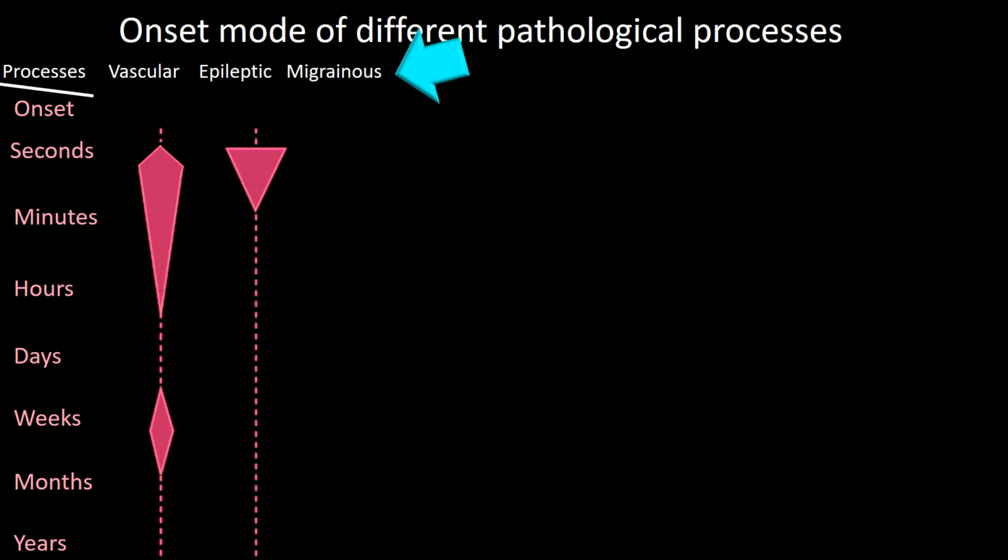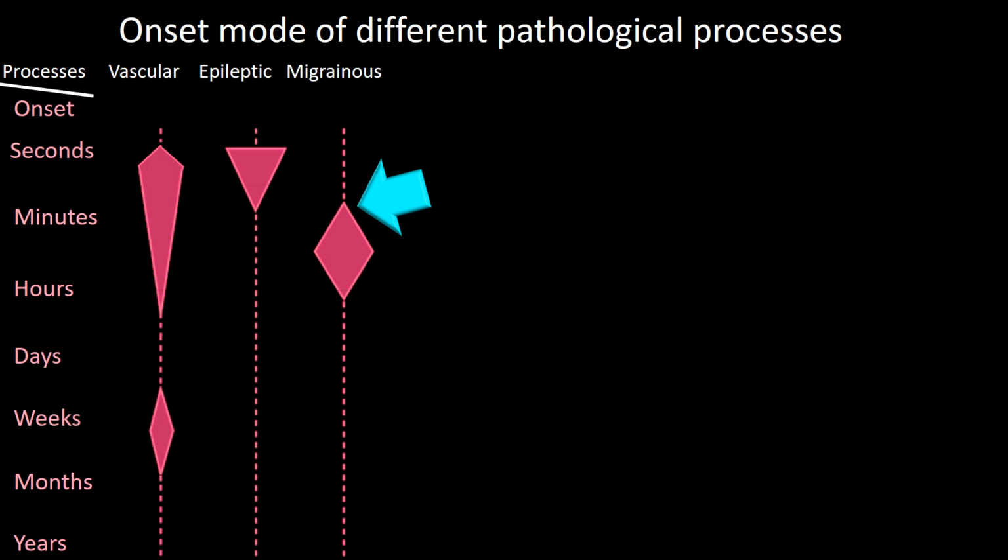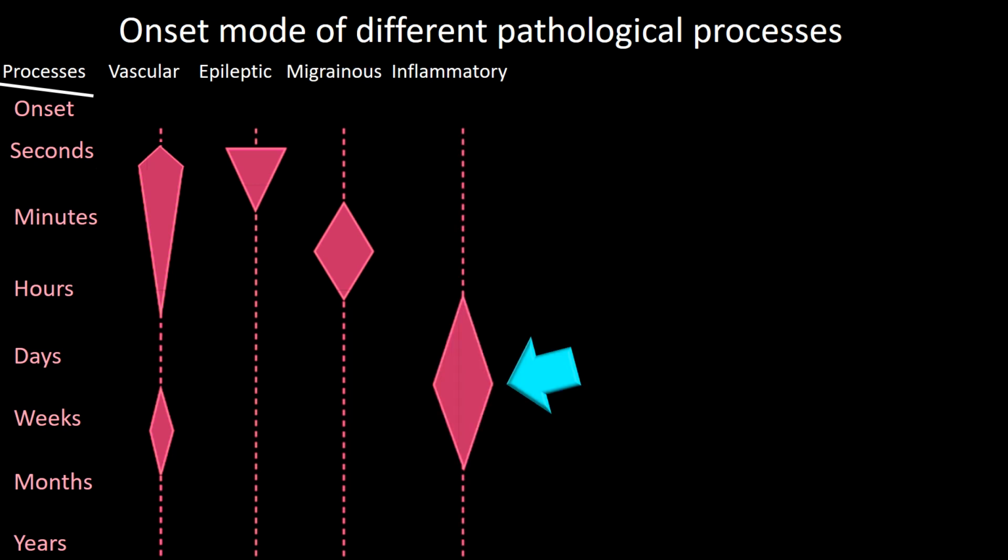Symptoms of migraine seldom reach maximal expression in less than a minute. Most migraine-related symptoms reach maximal expression in a matter of 10 to 20 minutes. Seldom maximal expression is reached in 1 or 2 hours. Neurological symptoms produced by inflammation, like lupus or multiple sclerosis, usually reach maximal expression in a few days.